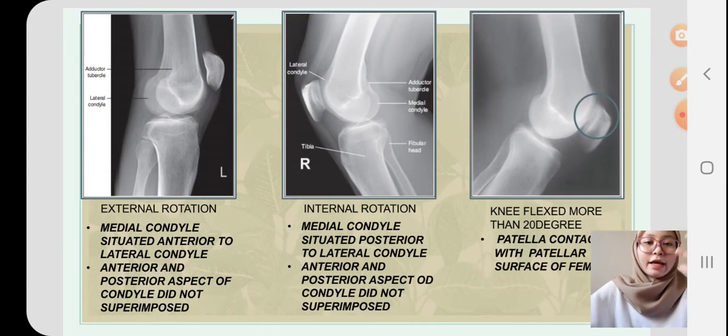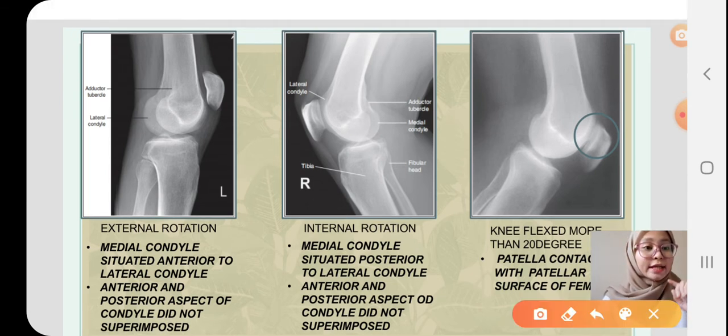Okay, here it is. First is the external rotation. As I said just now, first we need to detect the adductor tubercle to detect the rotation. Where is the adductor tubercle? Okay, this is the adductor tubercle, which is posterior on the medial side of the femur and superior to the medial condyle.